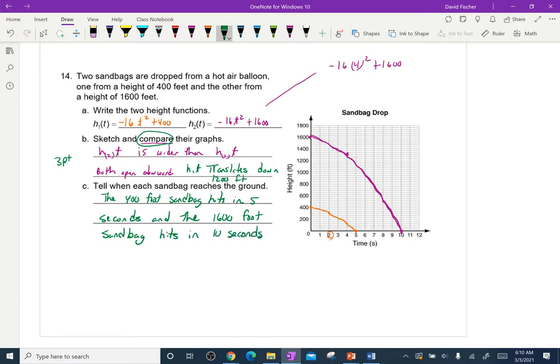There you go. Okay, so word problems, again, I keep stressing, are the most important. Granted, you're probably not going to drop a sandbag from a hot air balloon, but you might. But the point is, can I do a math problem taking words, make an equation, and can I get a graph?